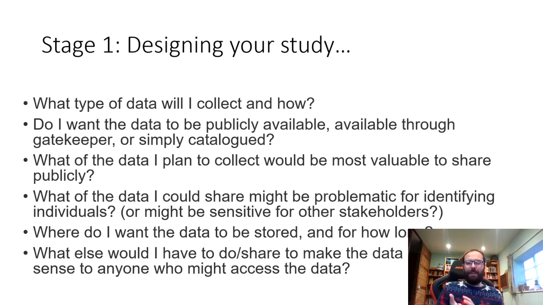What might identify individuals? One of the great concerns around sharing data is that you might identify a participant who has then disclosed a lot of sensitive information about themselves. So what can I do to limit that? What might identify people in this particular sample, and thus what should I not include?